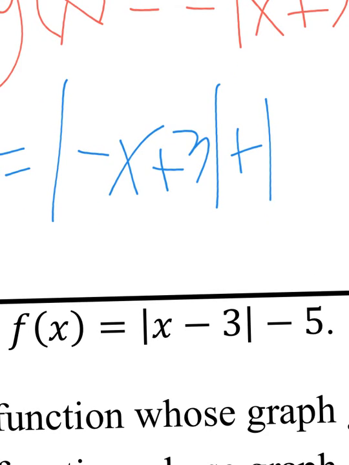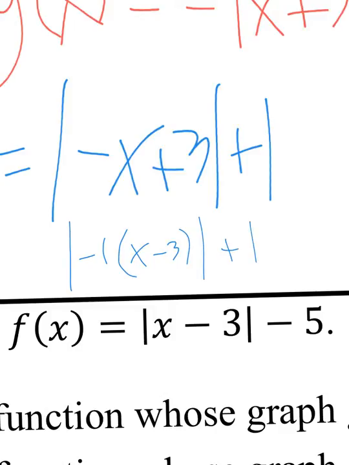The equivalent of negative x plus 3 would be extracting a negative 1, and it'd be x minus 3. Okay, and then plus 1.